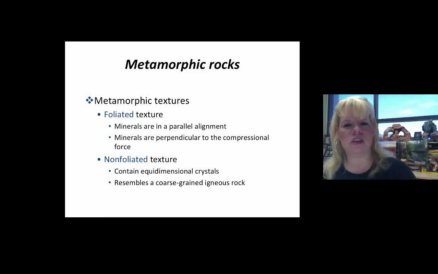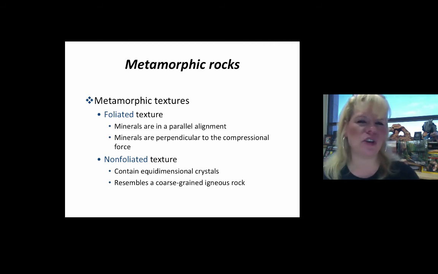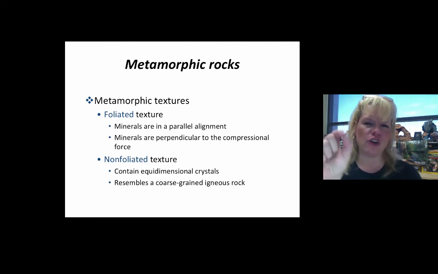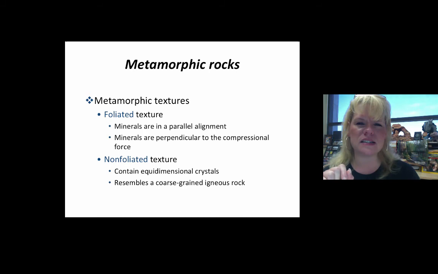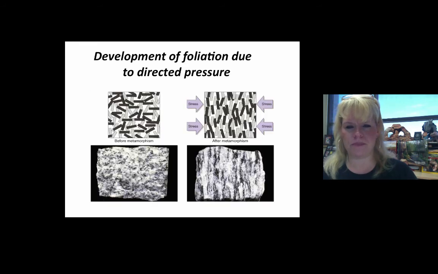When that happens, they're going to be perpendicular to the compressional force that occurs. You'll see what I mean in a second. Non-foliated looks almost like a mosaic of crystals all stuck together, almost like that phaneritic texture, where someone took a soldering iron and glued with heat in between each one, where maybe some partial melting but not complete melting occurred.